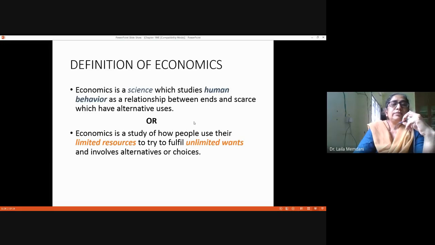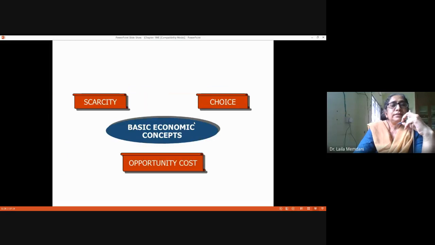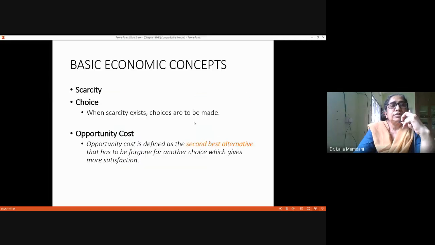So there are a large number of wants, limited resources, and therefore we have to make a choice. And that's where our basic economic concepts come in. There is scarcity, the resources are scarce, and therefore we have to make a choice. And whenever there is choice, there is a question of opportunity cost also.